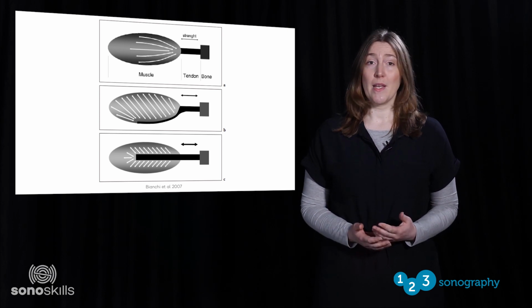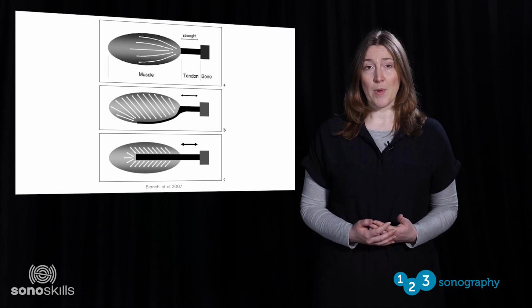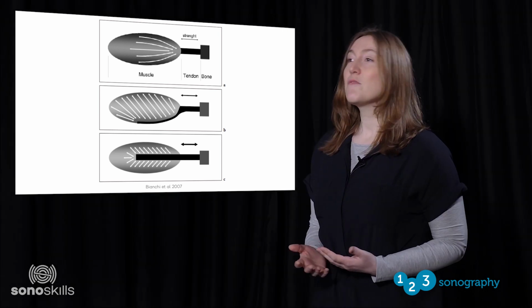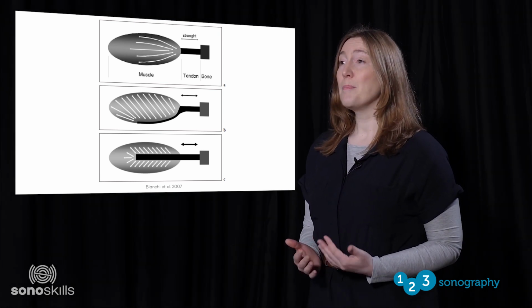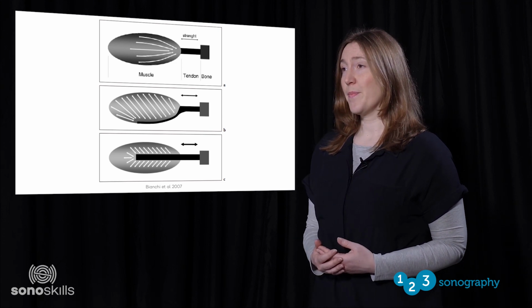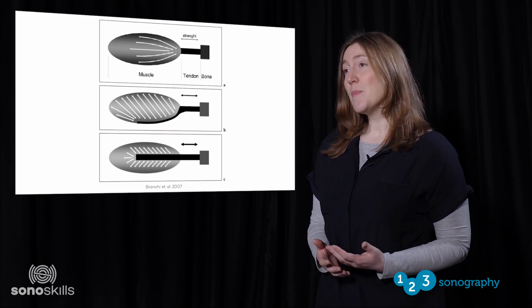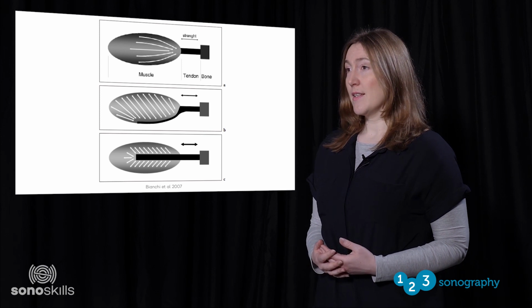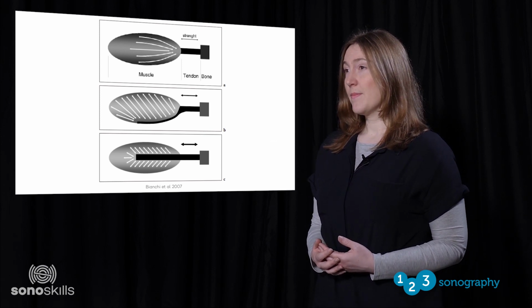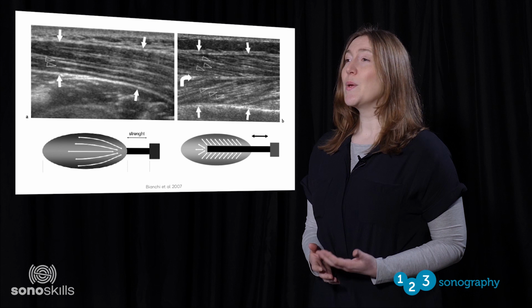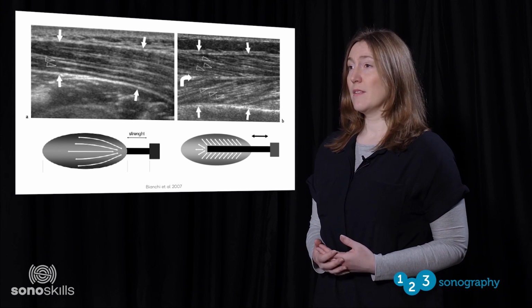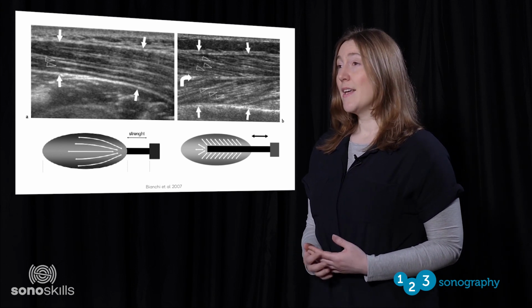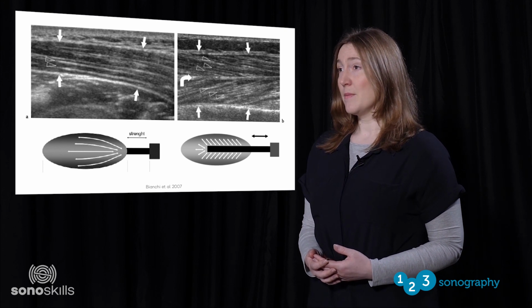Third, the bipennate muscle. The fibres insert on two sides of a central aponeurosis. This arrangement produces the highest strength but lower shortening of the muscle. The different types of muscles can also be recognised in ultrasound. On the left side, you can see a fusiform muscle, and on the right side, an example of a bipennate muscle.